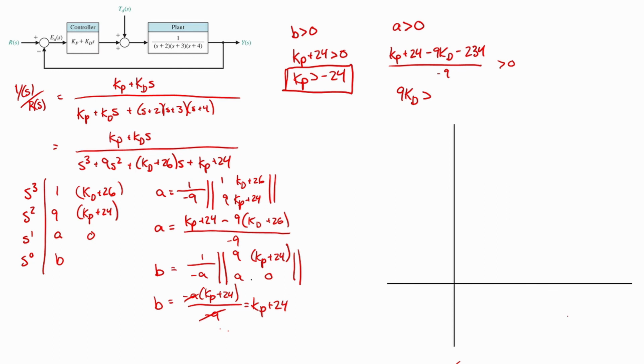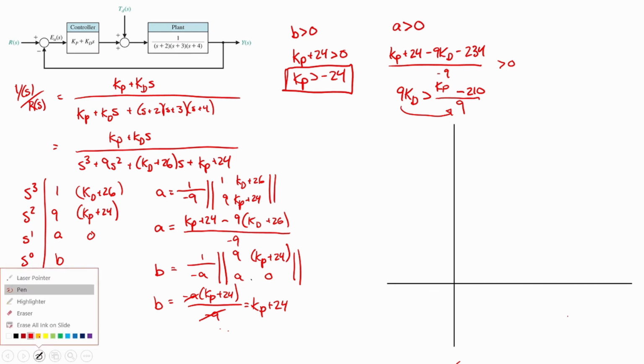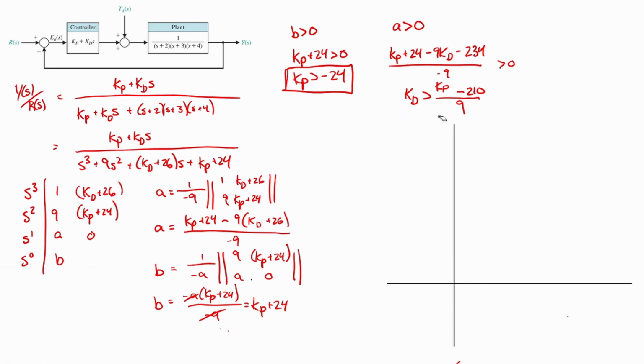So we have minus 210. Our Kp is coming to our other side, and since it's times negative 1, it's going to be positive Kp. And then we can bring this 9 over to the bottom. And that gets our final result.